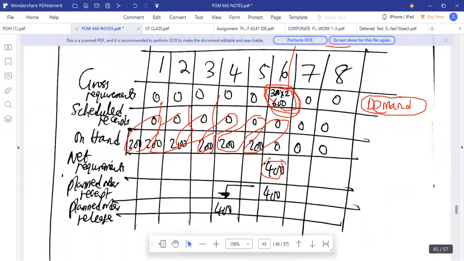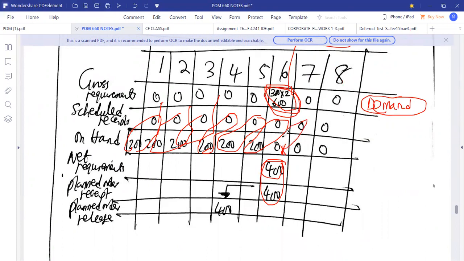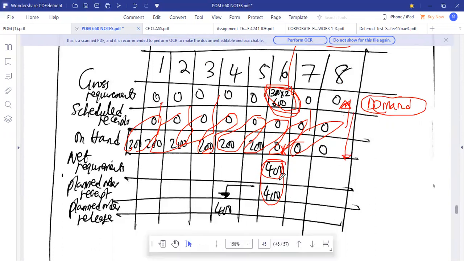When you order 400, you can meet the requirement and you remain with 0. So 0 plus 0, to meet 0, you get 0. Okay, so what's our lead time for the wheels?